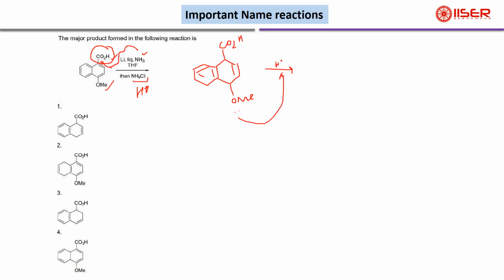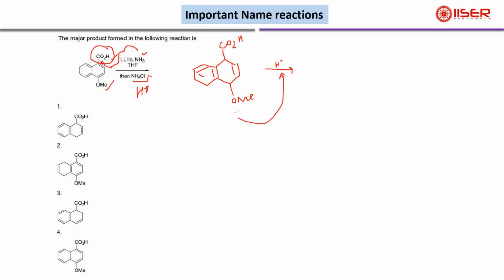Always remember to see all the reagents. They have mentioned NH4Cl. In the last examples we solved from Birch reduction, nowhere did they mention the addition of NH4Cl. So that means there is a role of NH4Cl.